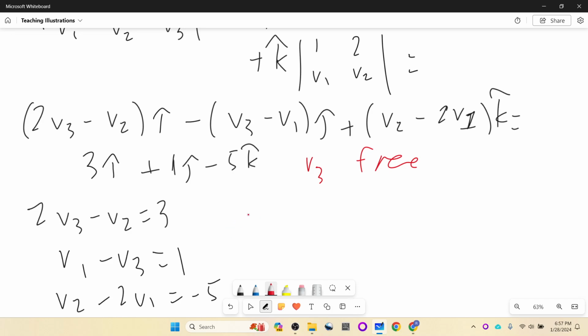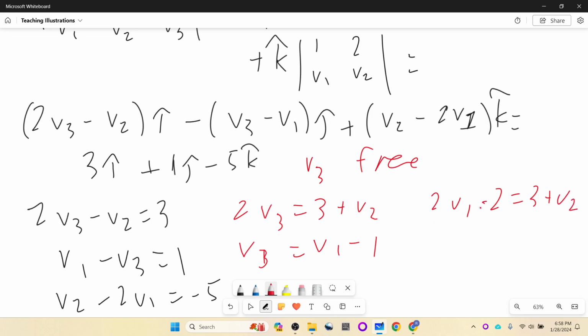so if you say 2V3 equals 3 plus V2, and V3 equals V1 minus 1, then we would plug that in, we would get 2V1 minus 2 equals 3 plus V2.